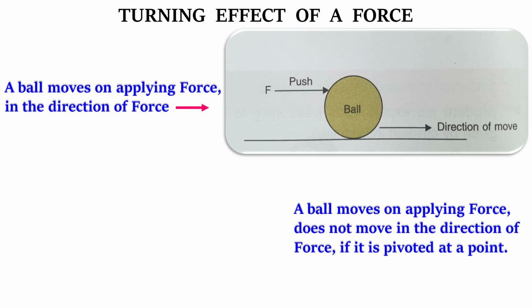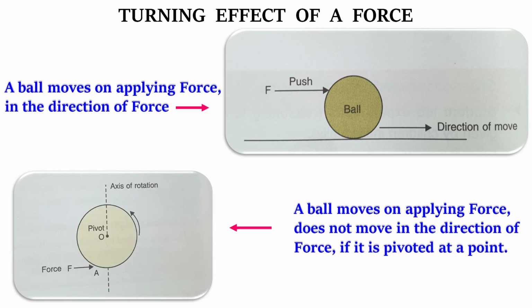The reason is it is pivoted at a point. Look at this figure. The direction of force is marked as F, and the point of application is A. Now you can see the arrow mark. See the direction of motion. It is taking a turn. The force has produced a turn in the object.